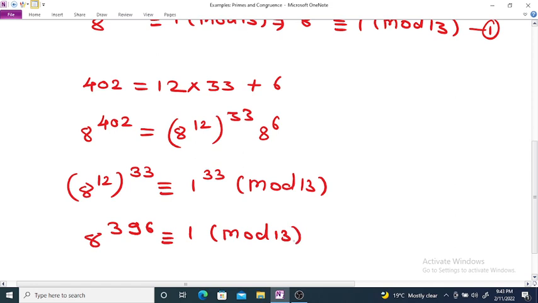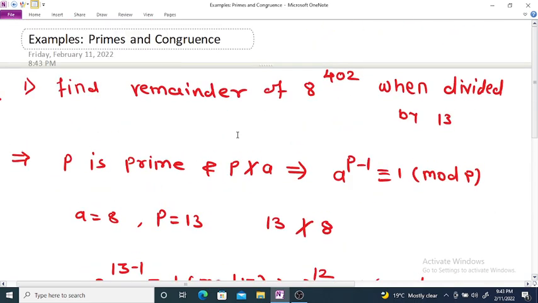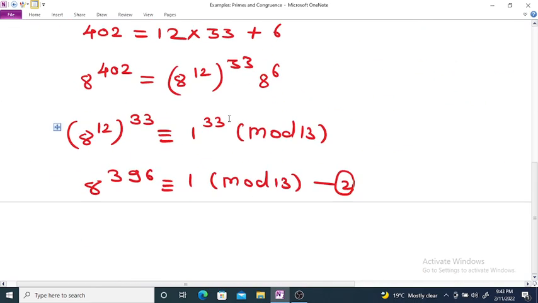So this is equation number 2. Now we have arrived at 396 and we want to reach 402, so we need 8 raised to 6 more.